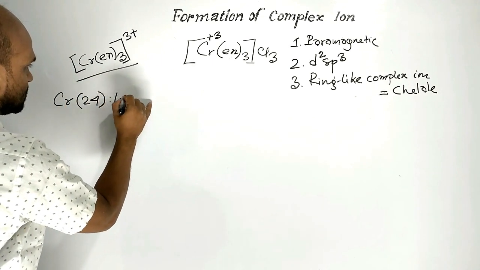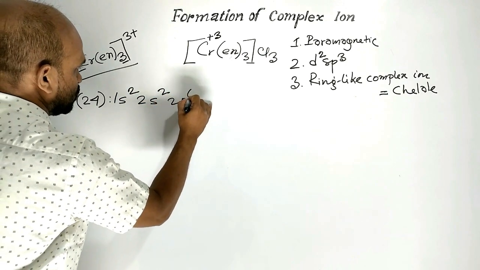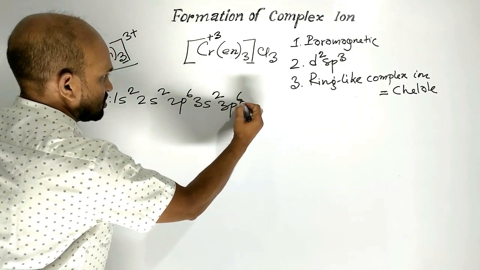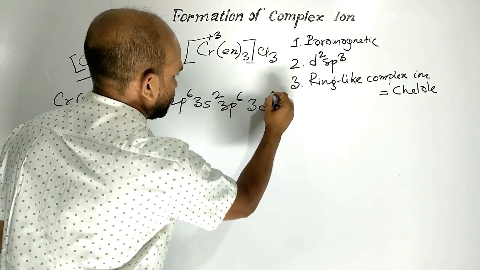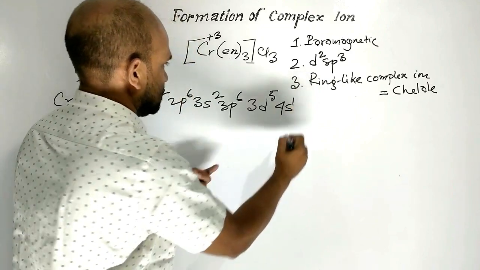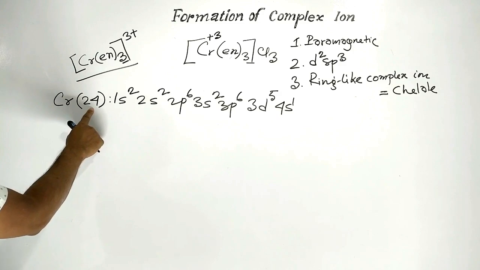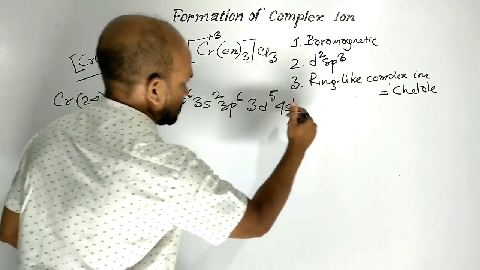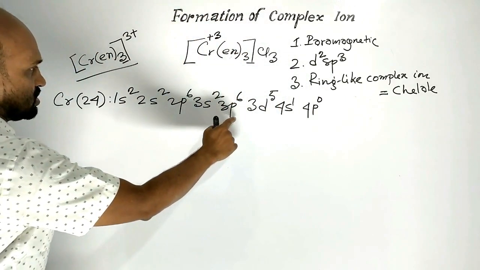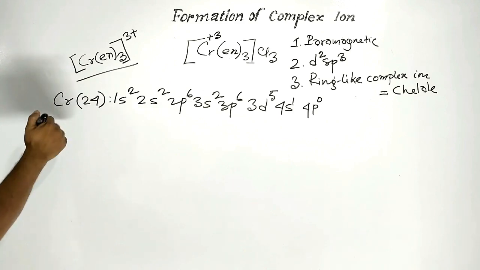Electronic configuration is 1s2, 2s2, 2p6, 3s2, 3p6. Now 3d5, then 4s1. Up to this, 24 electrons have been distributed. Then 4p0. This is the electronic configuration of chromium at ground state.